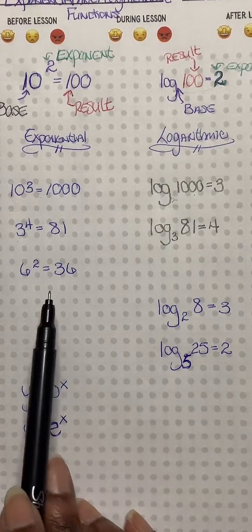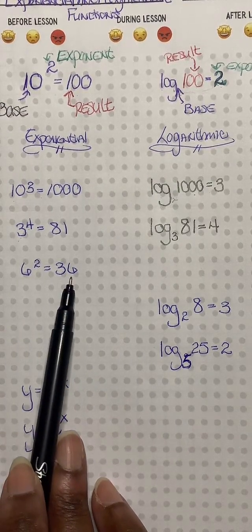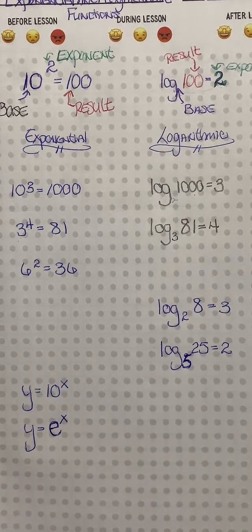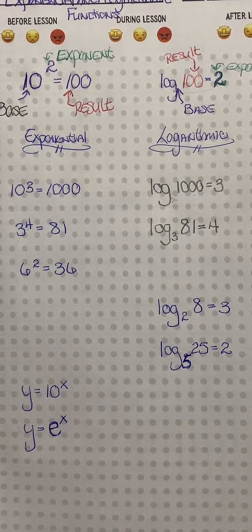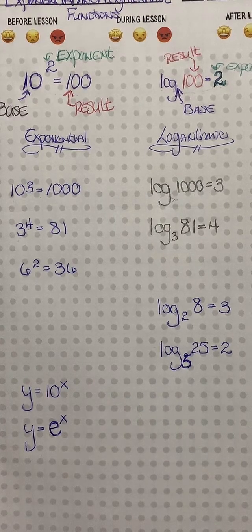Hey, avocado. So we have 6 squared equals 36. And I want you to write this as a log. What is natural log? We're going to get to that.